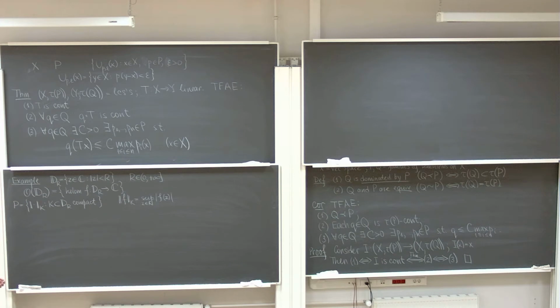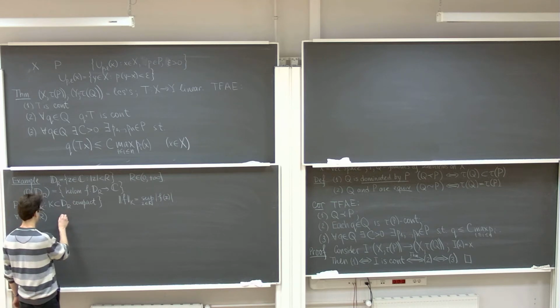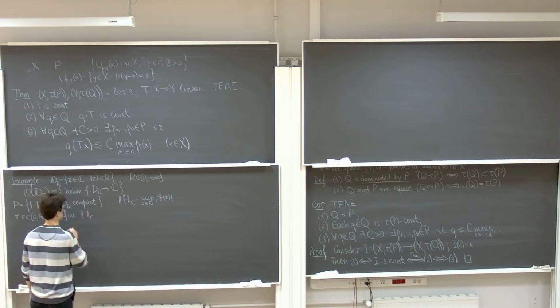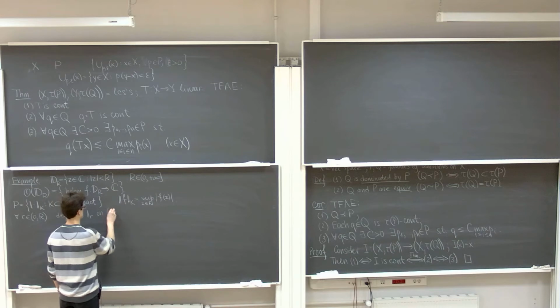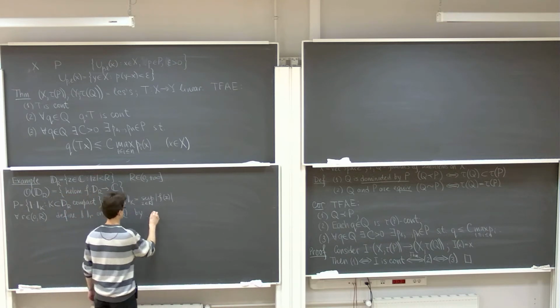And let's now consider the second family, defined as follows. For each positive number r which is strictly smaller than big R, we define a seminorm on the space by the following formula.